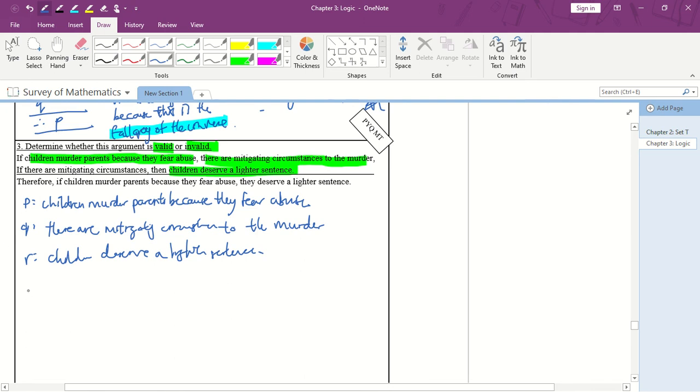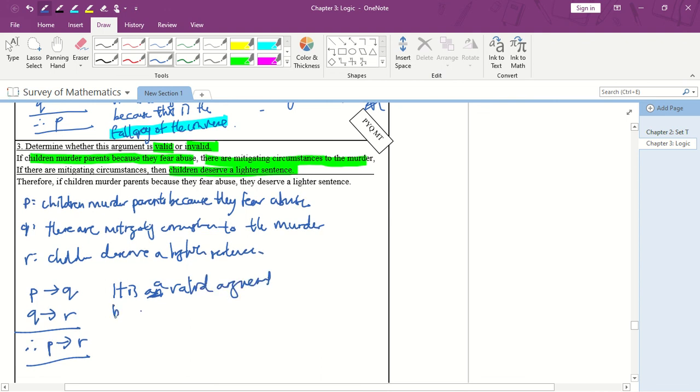So now the first premise, premise 1, we know that it is P→Q. And the next one, if there are mitigating circumstances, Q, then they deserve a lighter sentence, Q→R. And the last one, therefore, if children murder parents because of the fear of abuse, which is P, then they deserve a lighter sentence, which is R. And we know P→Q, Q→R, and P→R, which means that this is a valid argument.